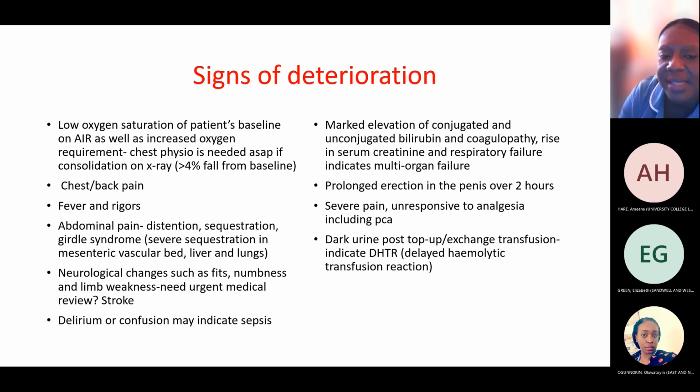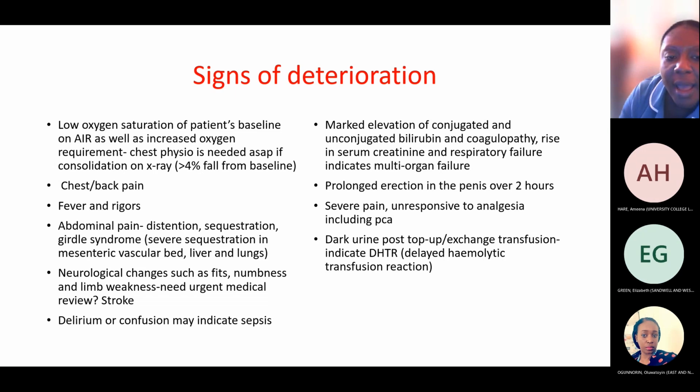Another sign is severe pain that's unresponsive to analgesia, including PCA. If the patient is not having a good response to PCA, and we've put all the interventions in for their pain management and they're still not responding, it could be that they're deteriorating. There could be something else going on that we need to look out for.